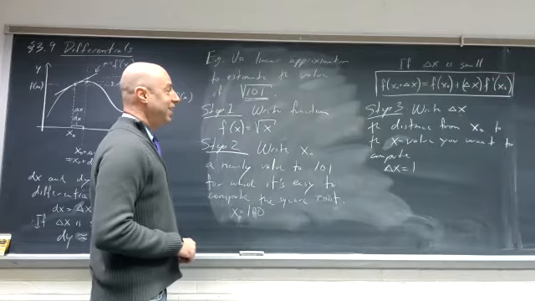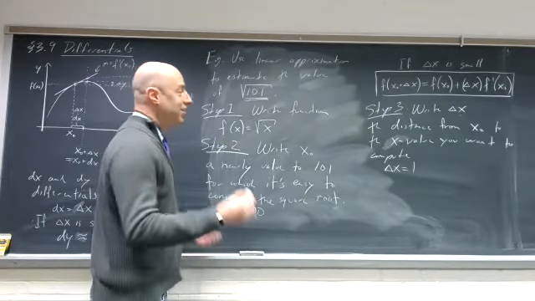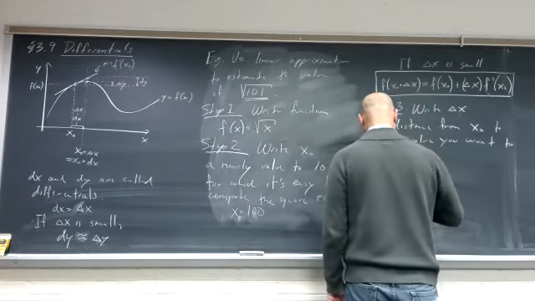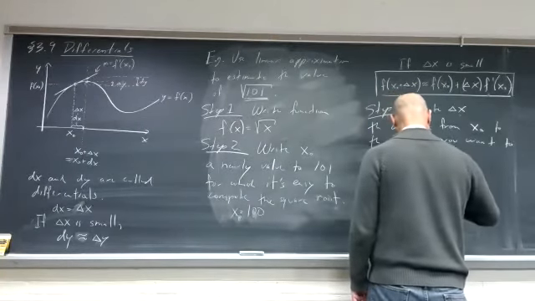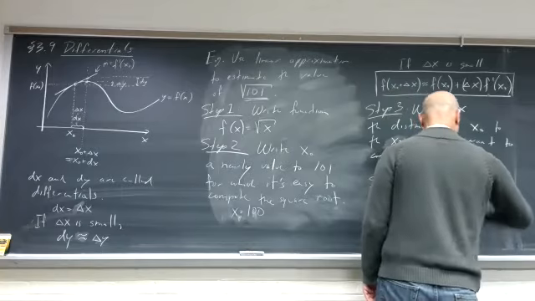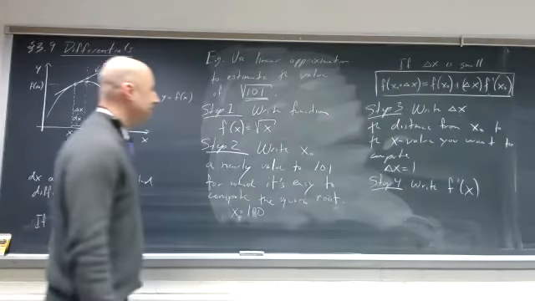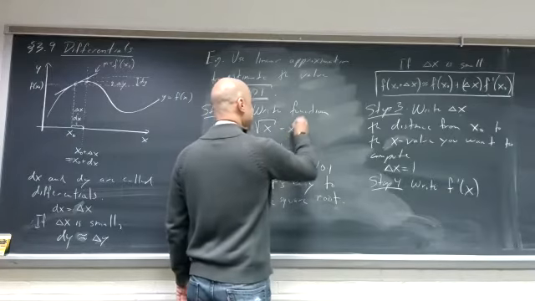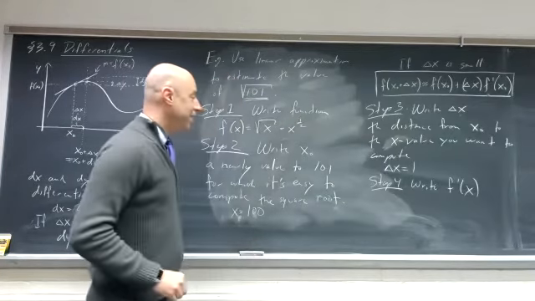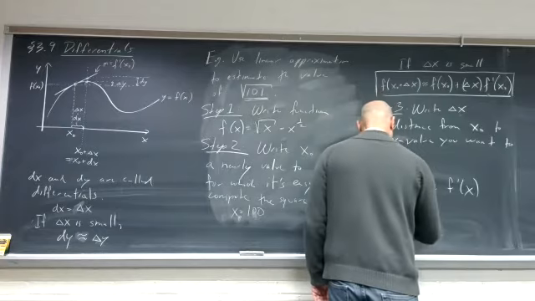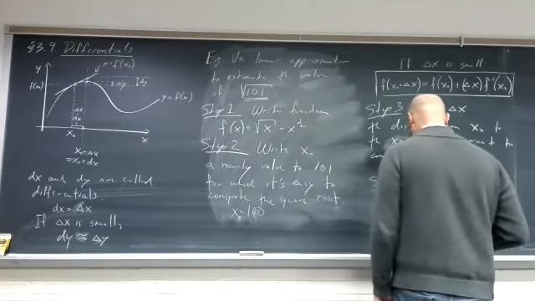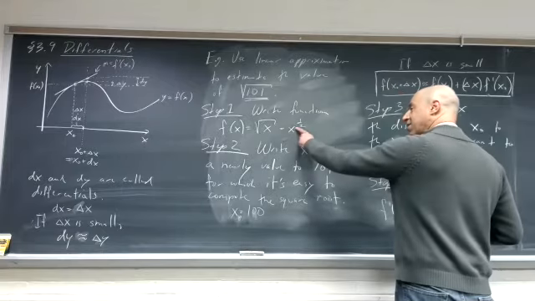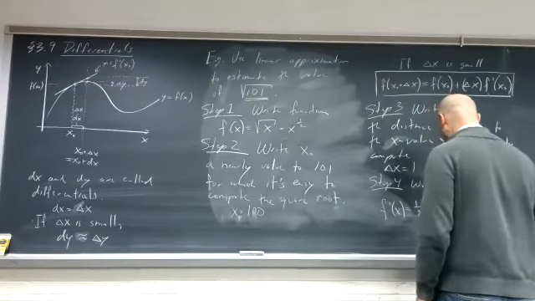Let's go ahead and write the derivative, because we're going to need the derivative. We'll call that step 4. So if f of x equals the square root of x, in other words, x to the 1/2, then f prime of x equals the 1/2 comes down, x to the 1/2 minus 1 is minus 1/2.